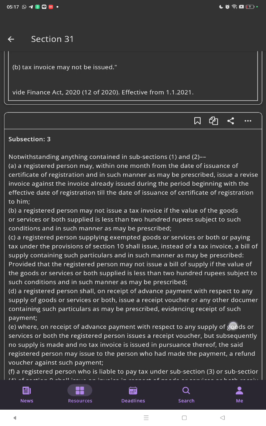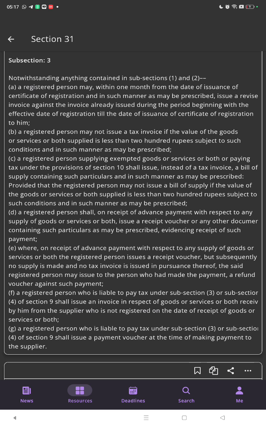A registered person may not issue a tax invoice if the value of goods or services or both supplied is less than 200 rupees, subject to such conditions and in such manner as may be prescribed.